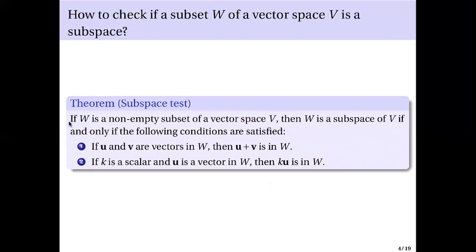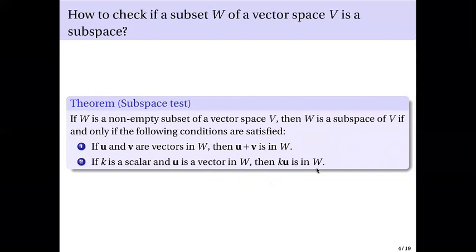So if W is a non-empty subset of a vector space V, then W is a subspace of V if and only if the following conditions are satisfied. If U and V are vectors in W, U plus V must be in W also. If K is a scalar and U is a vector in W, then KU must also be in W.